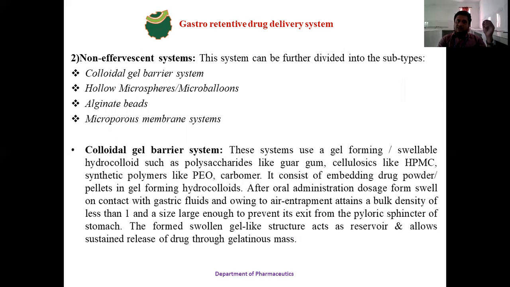So four systems are there in the non-effervescent category. We have not discussed here any effervescent component or release of carbon dioxide. It is a non-effervescent system without using any effervescent components.